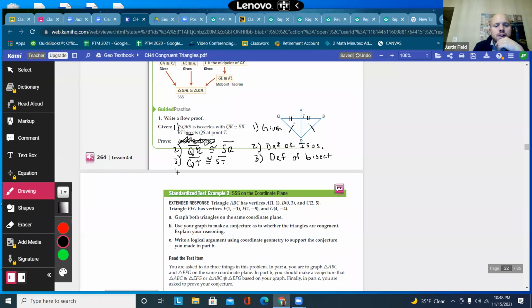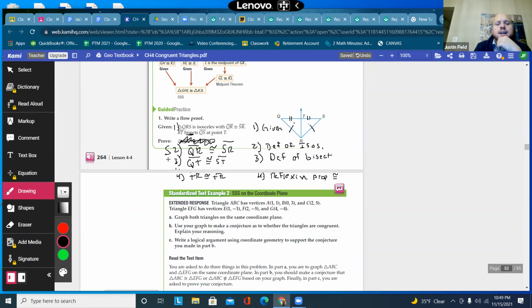And another statement there, TR is congruent to TR. Why is that? That is the reflexive property. So we have the transitive property, now the reflexive property. And guess what?